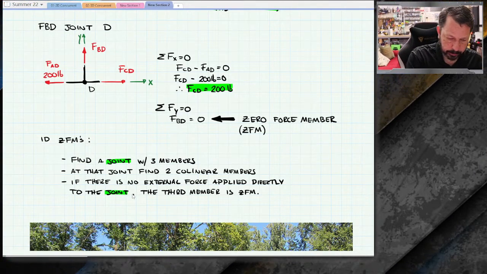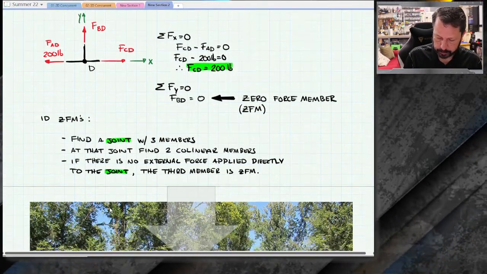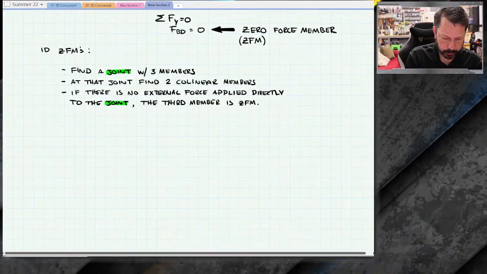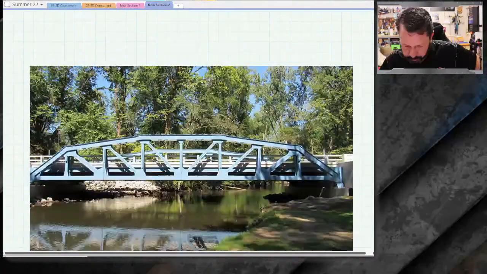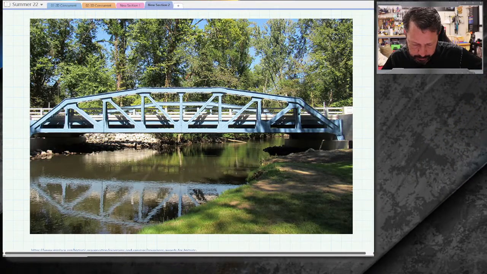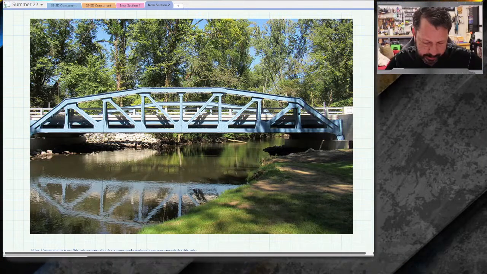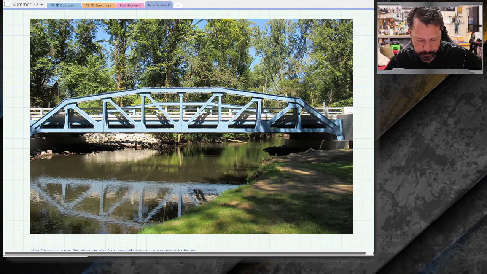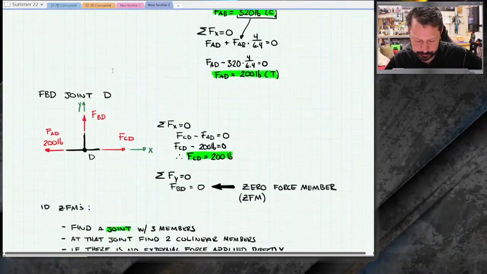So let's look at some pictures. Well, maybe we can look at that truss and see if it has any 0 force members in it. I didn't look to see if it did or not. Let's see. Oh yeah, it does. It's got the same kind of 0 force member that we have right here.